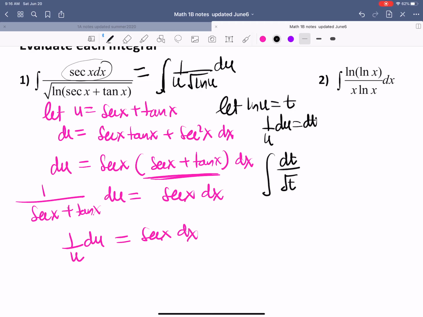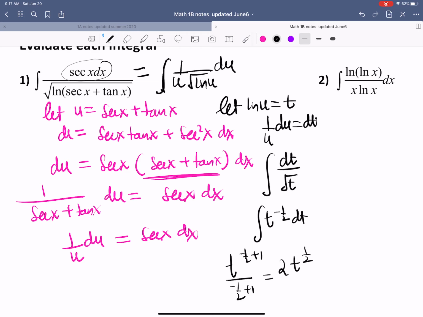That turns out to be the integral of t to the power negative 1/2 dt, which would be t to the power negative 1/2 plus 1 divided by negative 1/2 plus 1. And what's negative 1/2 plus 1? It's positive 1/2. So t to the power 1/2 divided by 1/2, which is the same thing as multiplying by 2. So it would be 2t to the power 1/2 plus c.